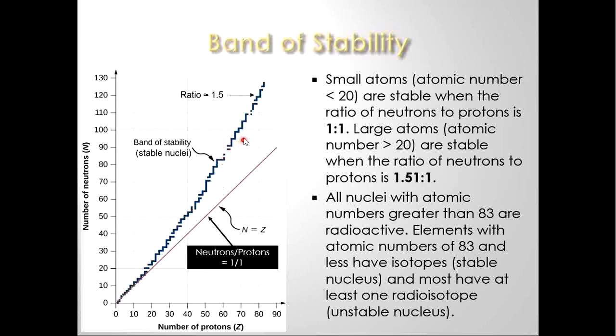And that's what this blue line is showing us. This is called the band of stability. Anything outside of that, so if it's above 1.52 to 1, in this area, that would be considered unstable. And there we have our radioisotope.